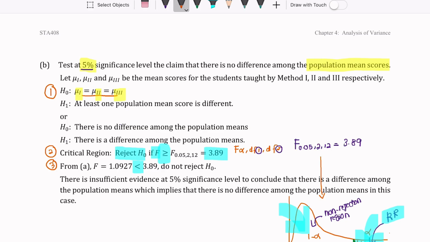So do not reject H0 should be our step number 4, the decision. And last one, step number 5 is the conclusion. Since we do not reject H0, then we can say that there is insufficient evidence at 5% significant level to conclude the alternative hypothesis, which is there is a difference among the population means. Or in other words, we can say that there is no difference among the population means in this case.